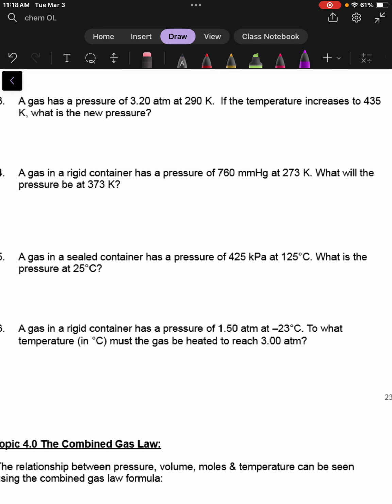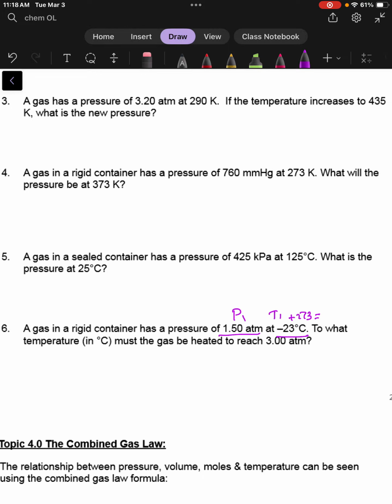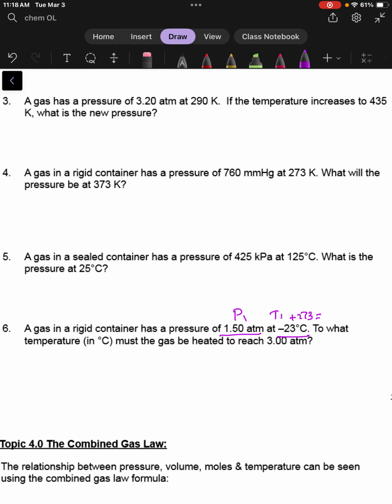Okay, so here pressure 1.5 atm, that is P1, and temperature is T1, and add 273, okay, which is question number 6. Then you will get 250 Kelvin, that is your T1. And you have to find the temperature in degrees Celsius, that is also another problem. Okay, let's go see how can we do this.